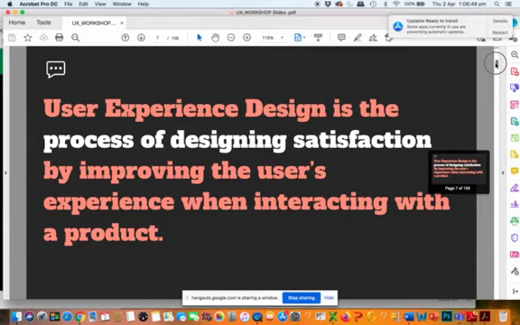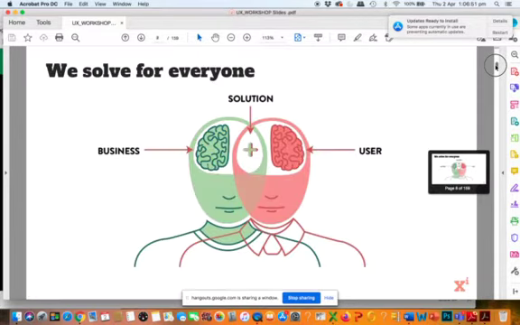So improving the user's experience. You guys are using apps and things all the time. And as with the website, remember we talked about there's two kinds of people we are designing for. You've got the business, whose approach you do the design from. And then you've got the people who are going to use that design.